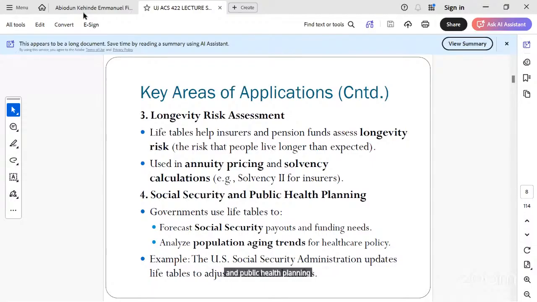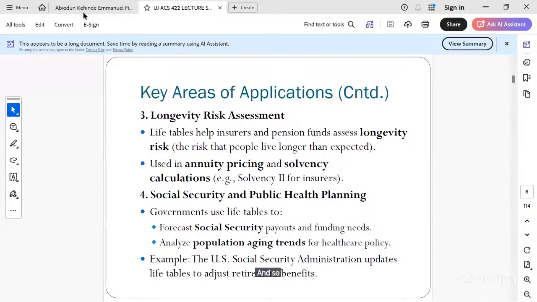So you can imagine if you have a very good morbidity table that shows the probability of one having malaria, one having a critical ailment, and so on.